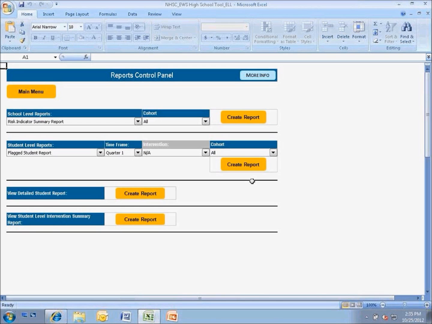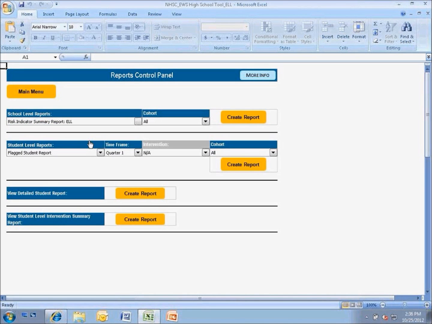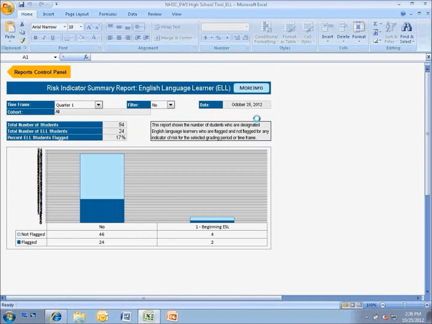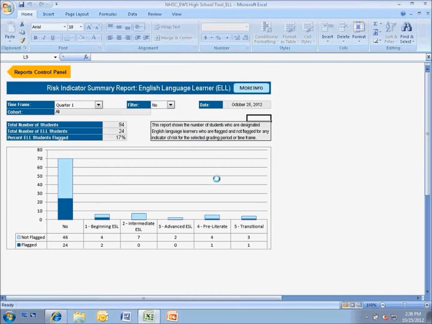Some of the reports that are most helpful for this part of the EWIMS process are the school level reports, the risk indicator summary reports. The one we're going to look at today is for English language learners, again, because it breaks it down into a more manageable group of students.